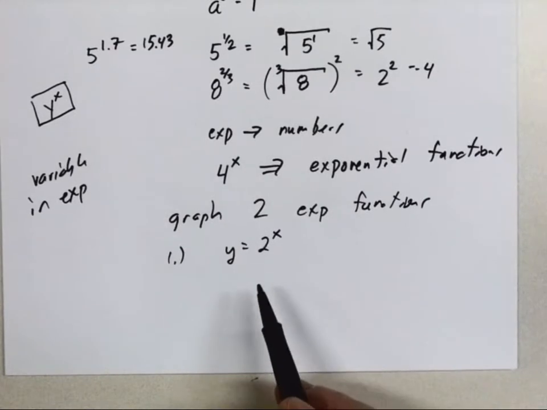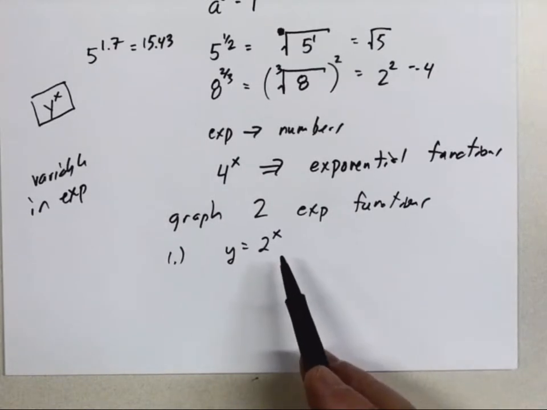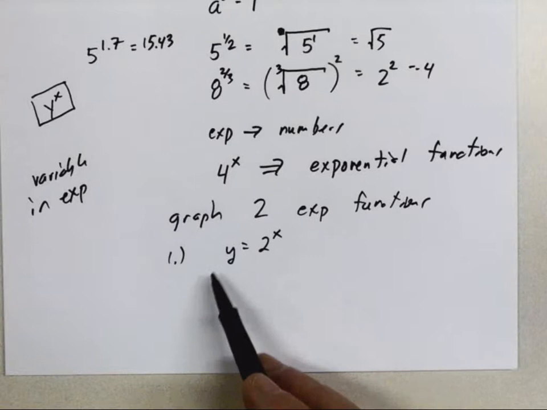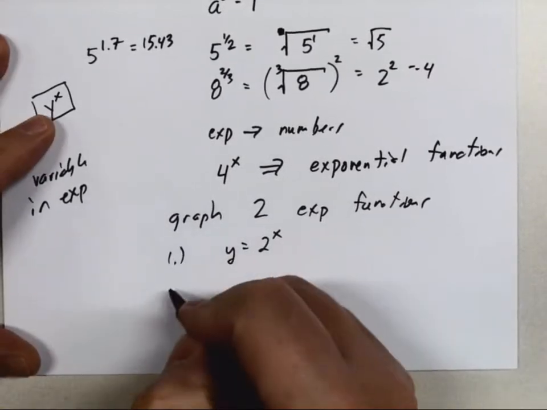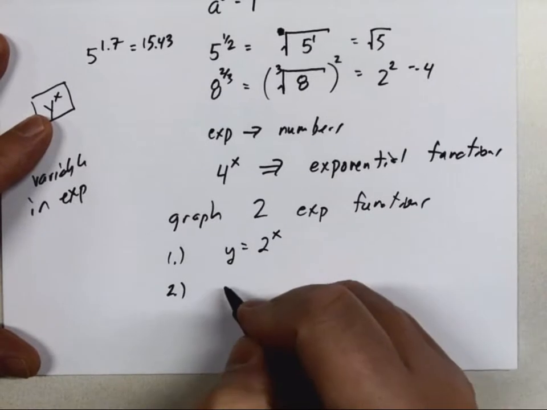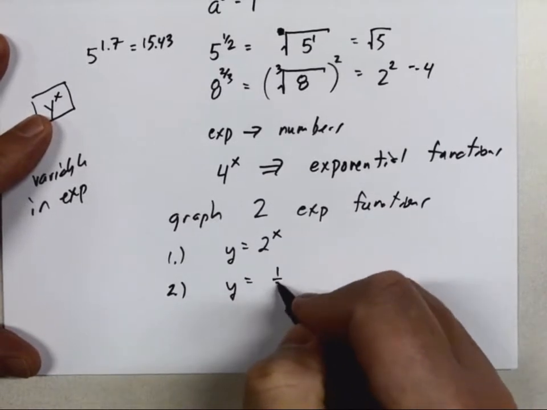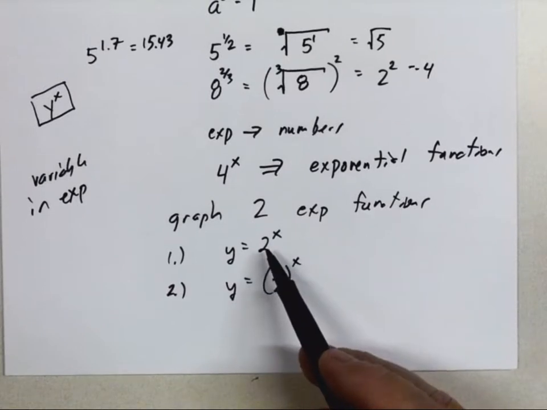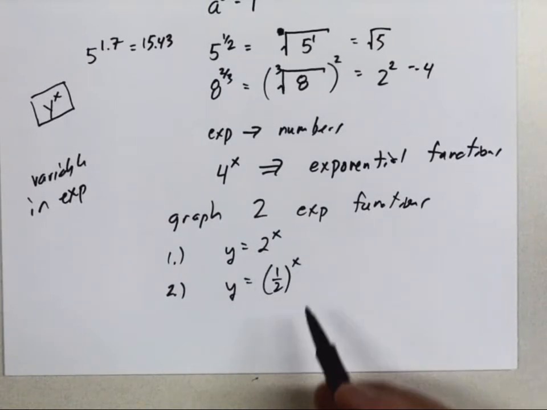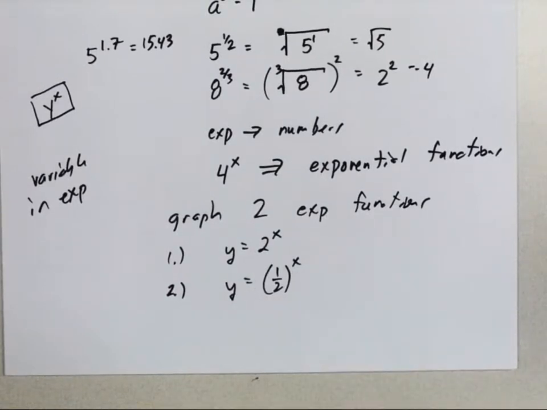And you're going to see in a minute, the way I'm going to graph this is I'm going to create a data table, an xy data table, figure out some values, then graph those points. And then actually on the same graph, almost looks the same, except up here the base is 2, down here the base is 1/2. So I'm going to graph both of these on the same graph and see how they look.